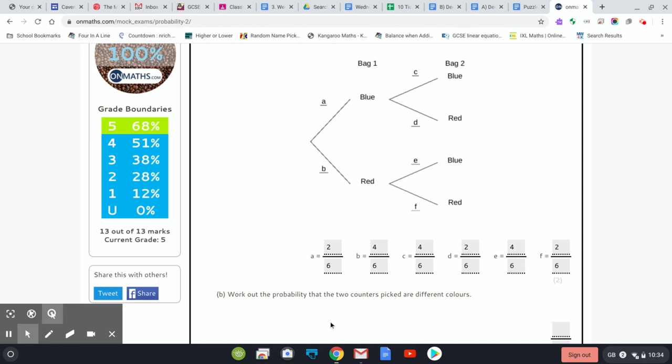Okay, so and the probability that they're different colors, so it could be blue and red. So that would be A times D, so 2 over 6 times 2 over 6. Plus, it could also have been red, blue. So B times E, which is 4 over 6 times 4 over 6.